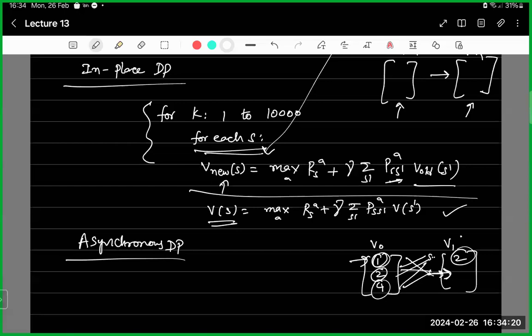So maybe a lot of such states may not be encountered. There might be a lot of states which you might not frequently encounter, right? If you have limited compute power, you don't want to waste it updating some states which you most likely never see, right?